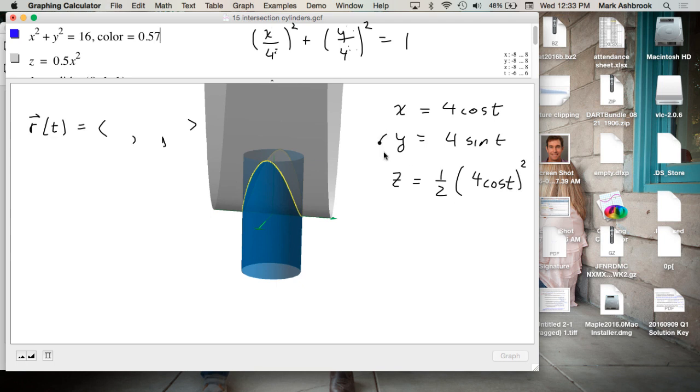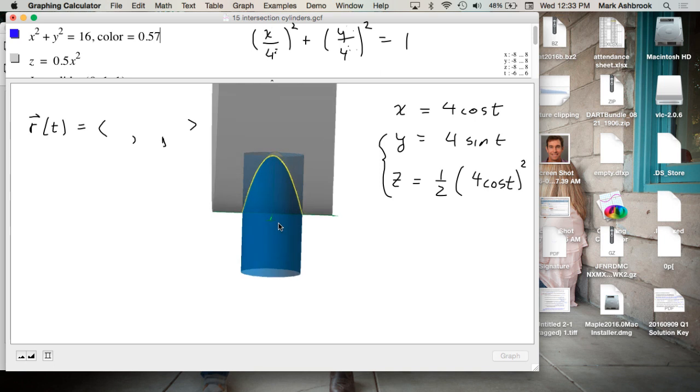If you want to check to see if you actually have a parabola when you're looking at the yz plane, you'd have to combine those two equations, eliminate t, and that's going to take some trig identities. And if you end up getting a parabolic equation of y and z, then that confirms that yes, you're looking at a parabola in the yz plane. We won't take the time to do that.